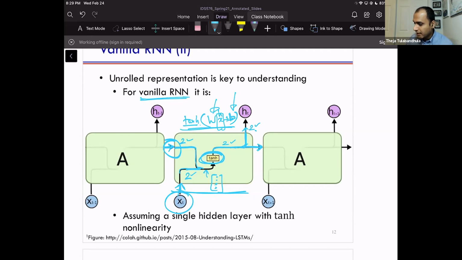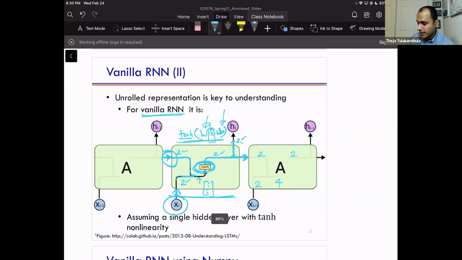Wh and x are linearly transformed, and then tanh is applied, and that's passed forward to the next computation, where again a 2-dimensional vector goes in, a 2-dimensional vector comes in from the input, that becomes a 4-dimensional vector, and then again the A operation gives me a 2-dimensional vector, which is the h. And that's how it works.